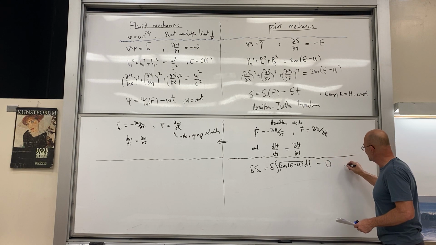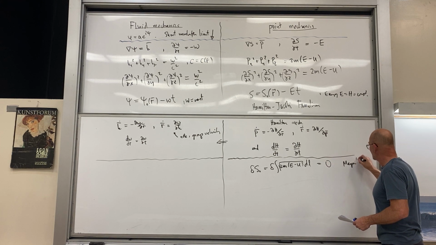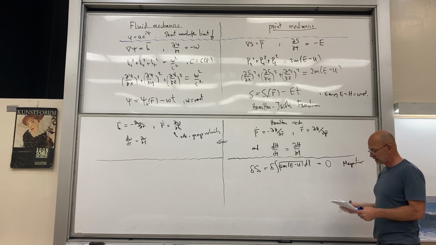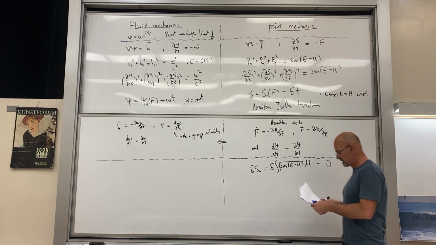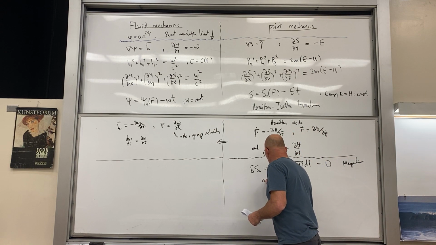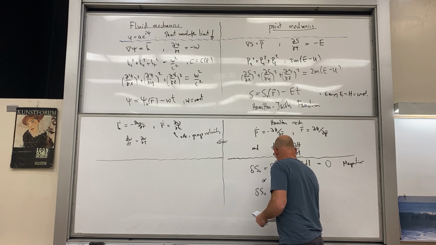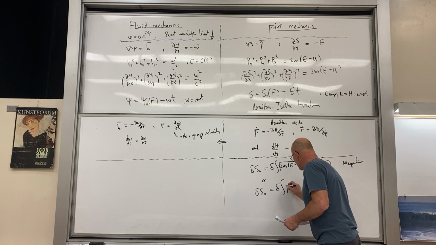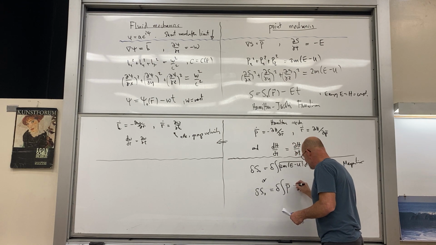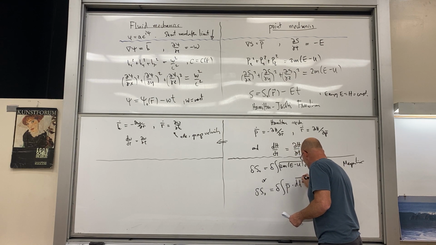So that's Maupertuis. Or we would be able to write it δ∫ dS0. It could just be p dot dl.